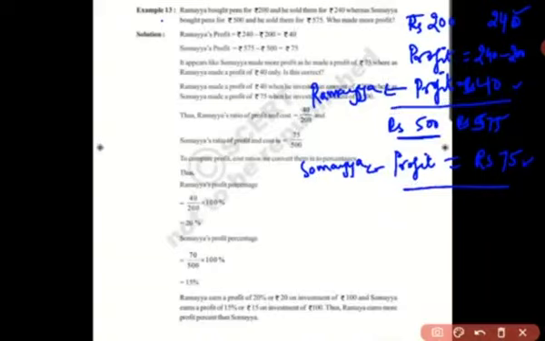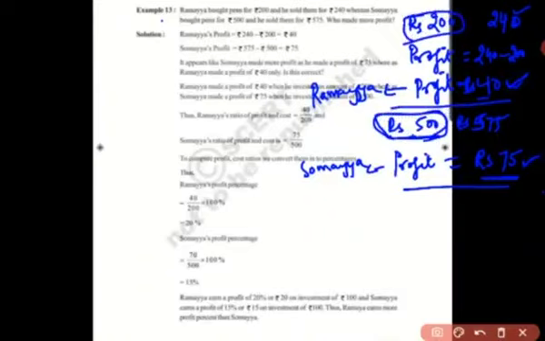You would say Somaya just by looking at the money, 75 rupees. But look at how much he invested. He invested 500 rupees, and Ramaya invested only 200 rupees. For 200 rupees he got a profit of 40 rupees. Now Somaya invested 500, so he got 75 rupees profit.